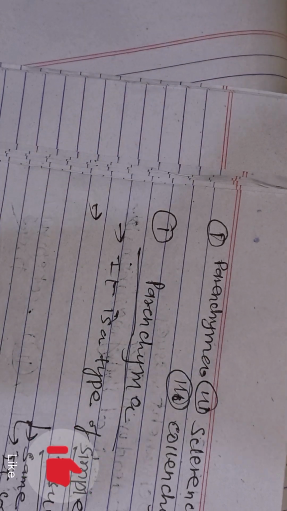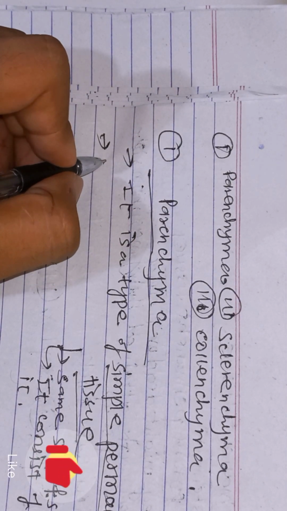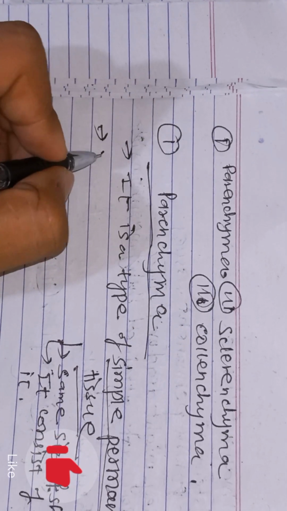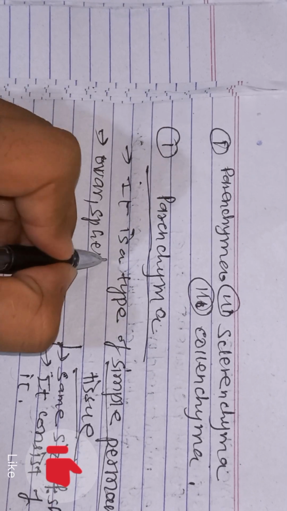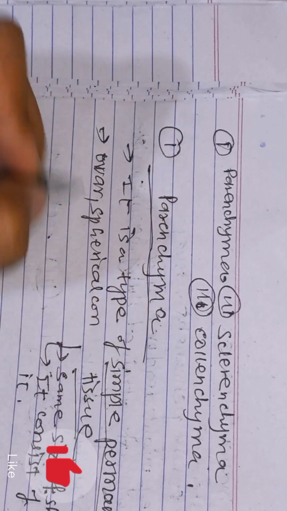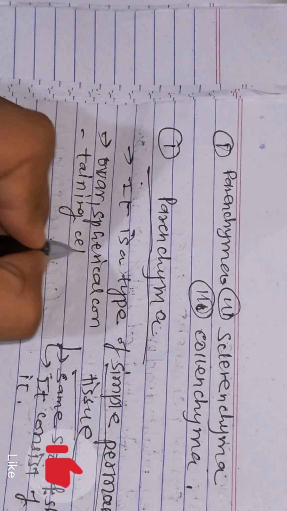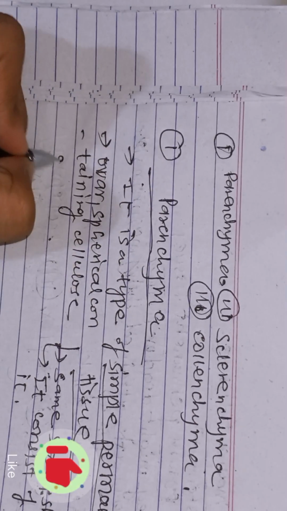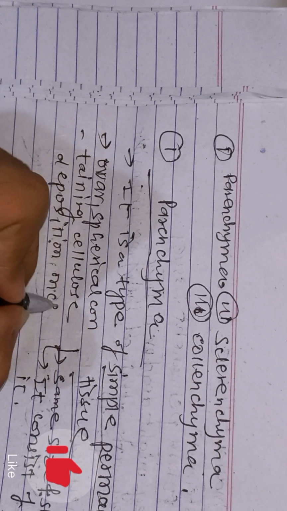Their cell wall is made up of cellulose, with cellulose deposition on the cell wall.